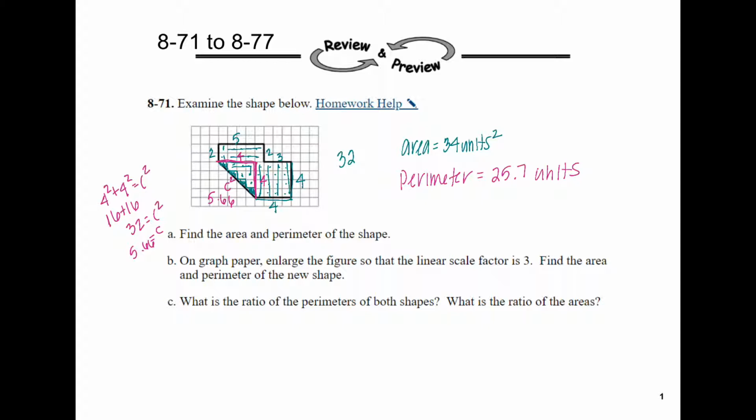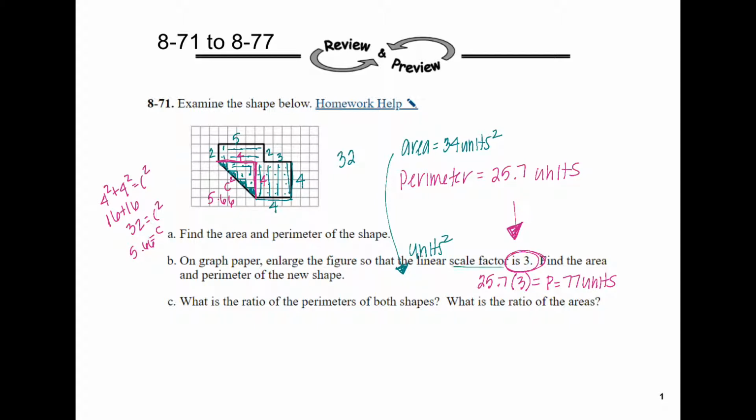On graph paper, if you enlarge your figure by a factor of 3, our perimeter is a one-dimensional increase. So we could take 25.7 and multiply that by 3 to get a new perimeter of approximately 77 units. However, our area is in units squared.